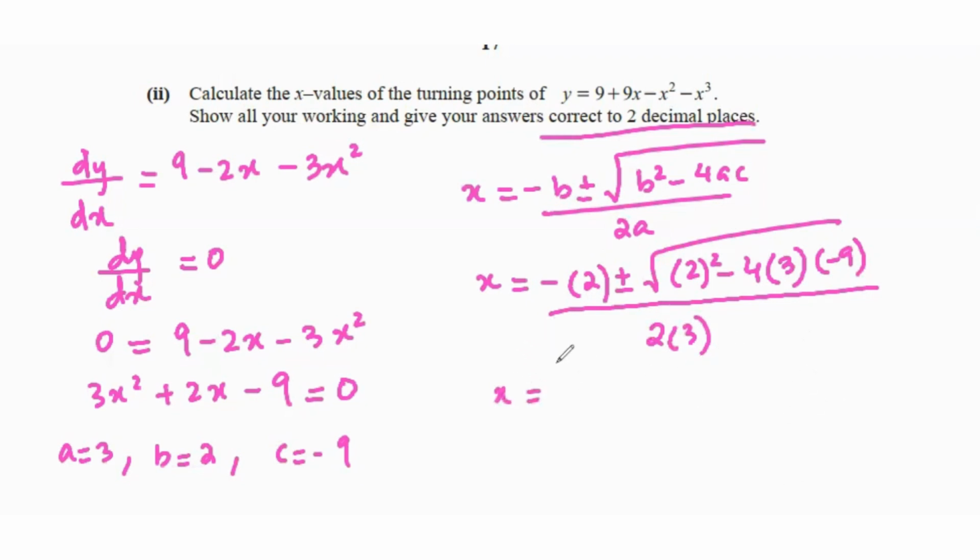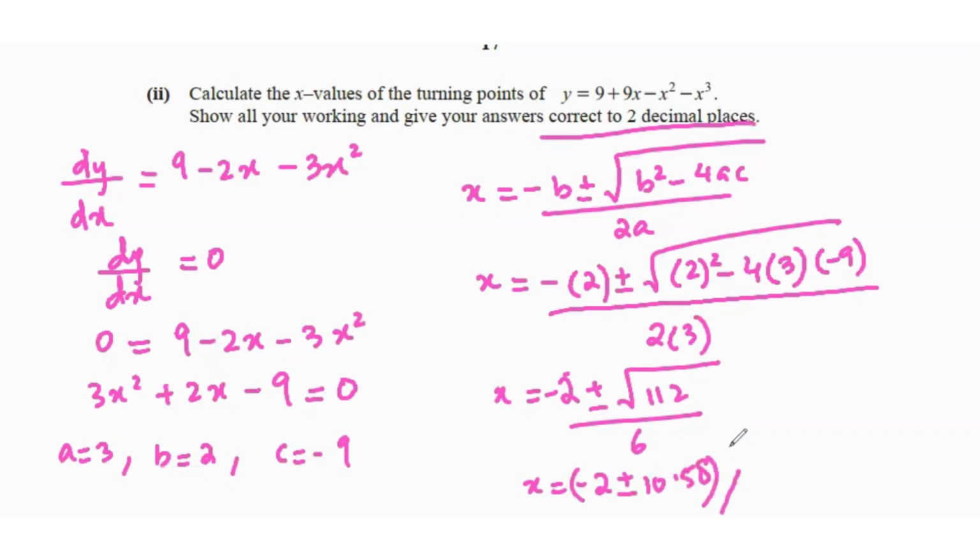This is going to give us negative 2 plus minus square root of 112 over 6, which is going to be negative 2 plus minus 10.58 divided by 6, which will give us two values.